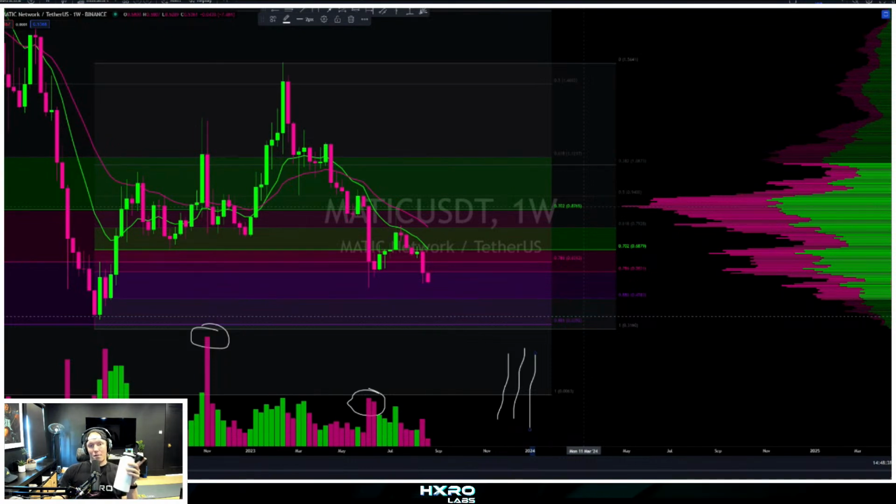So if MATIC is super sick and it's going to be around for the next few years, probably is, at some point you're going to see big buyers stepping in by the volume, probably somewhere in this reload zone, probably with bullish divergence, probably with a W. And that's when you can sit here and say, okay, I'm going to get sneaky, get long, and then look for chaos in about 6 months.